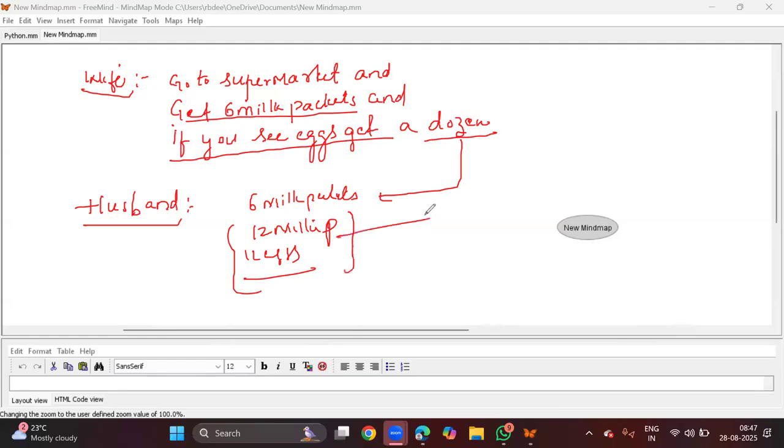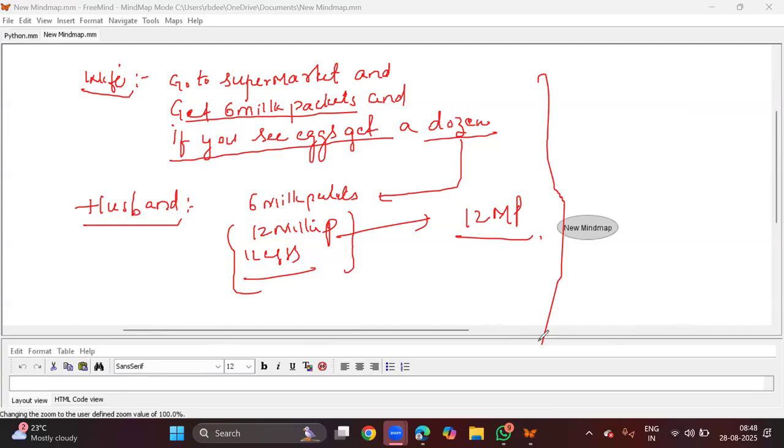In this confusion, he thought, why did she not tell 12 eggs? She told only milk packets. So he bought 12 milk packets. Did he do correct or wrong? Wrong. It's definitely wrong. Now, whose problem is that? Who did not communicate properly?